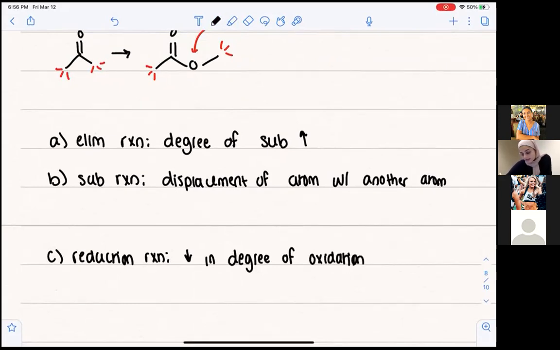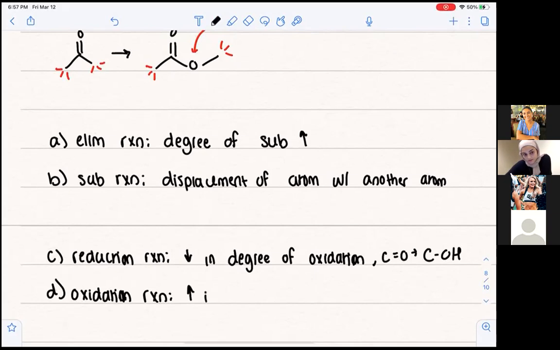We can have something like a C double bond O going to a C-OH bond, with addition. Or is this D, an oxidation reaction? Wow, my handwriting is not good. This is an increase in the number of C-O bonds.